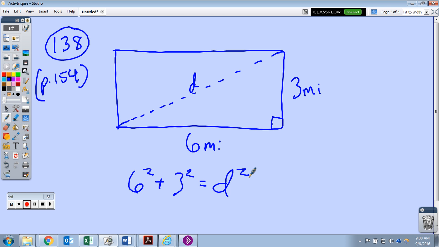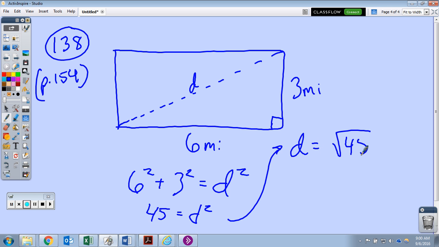If we kept going, 6 squared plus 3 squared, 36 plus 9 is 45. So 45 equals d squared. So therefore, d would equal the root of 45.